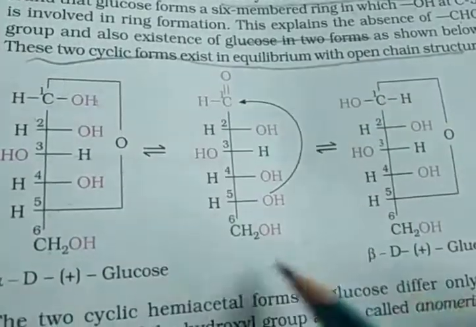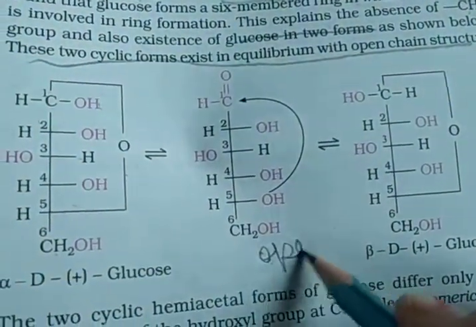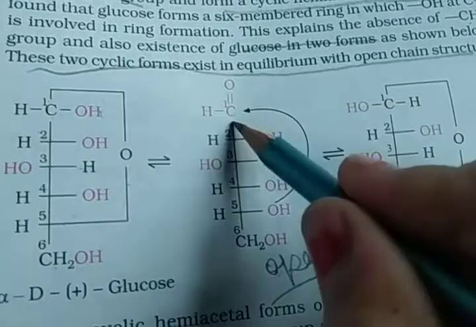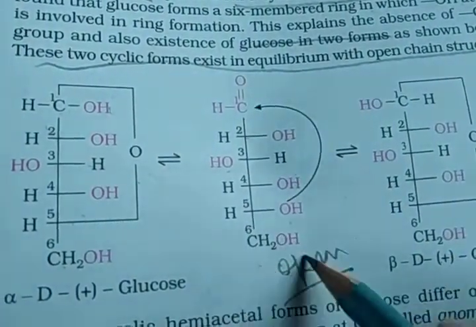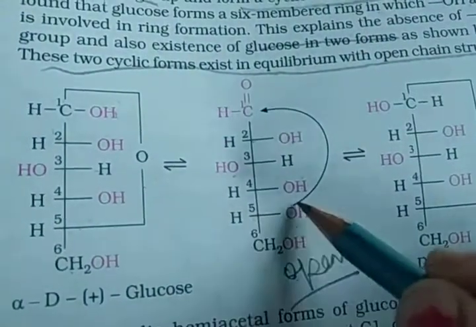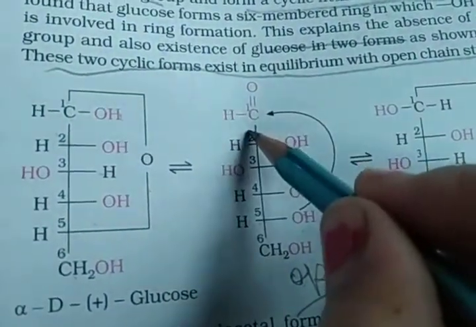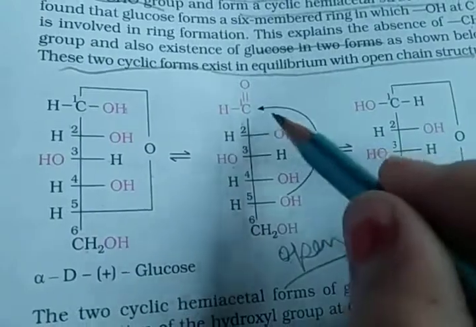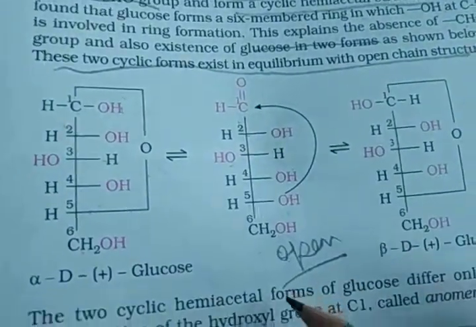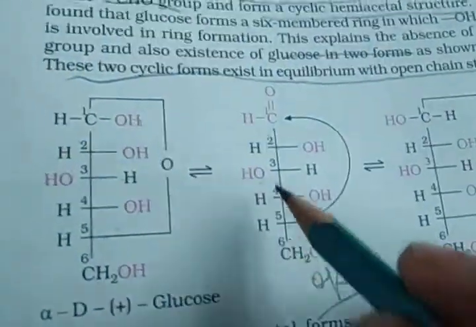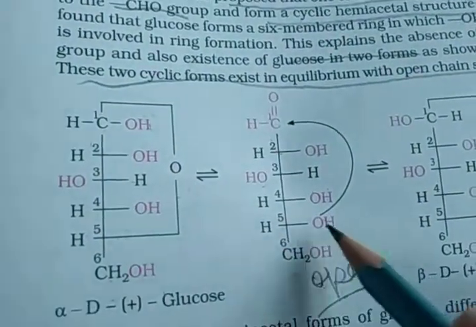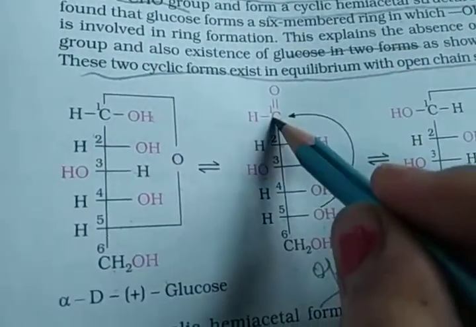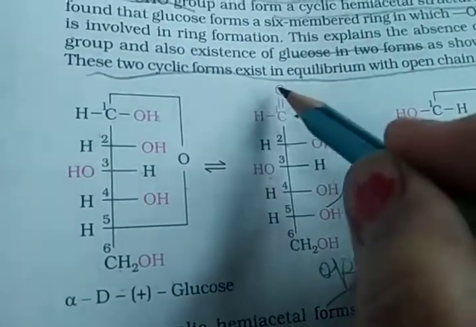So here you see this is the open chain: CHO, HOH, OHH, HOH, HOH and CH2OH. Carbon number 5 gives its OH to the C. The oxygen attaches with C and the hydrogen attaches with the oxygen.